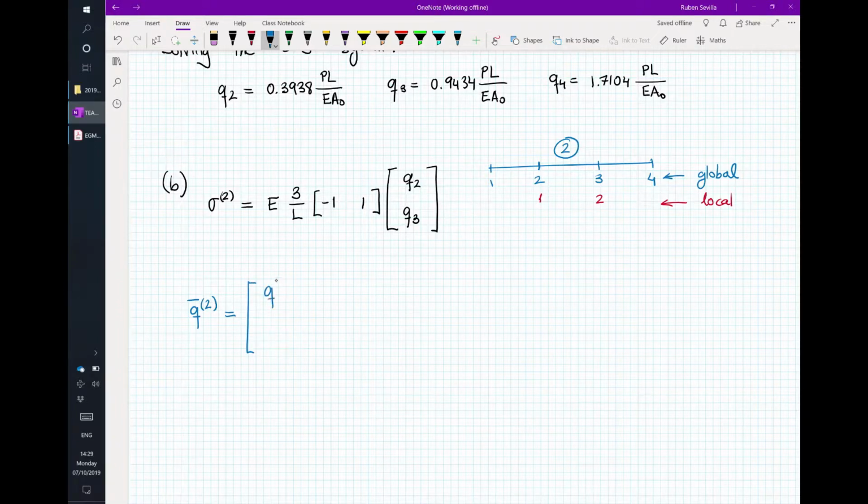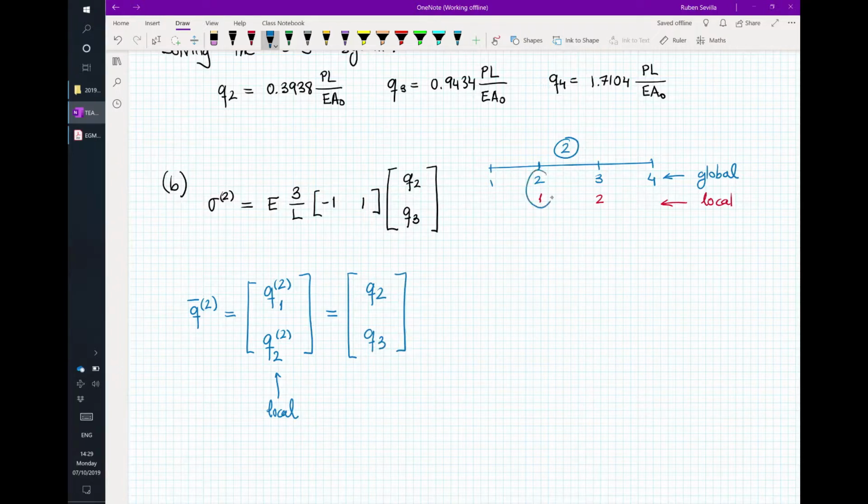I can call them the first and the second of element number 2. This is local. But then you need these transfers of information from local and global numbers. It's the only thing that you could get wrong here. I don't think there is anything else.